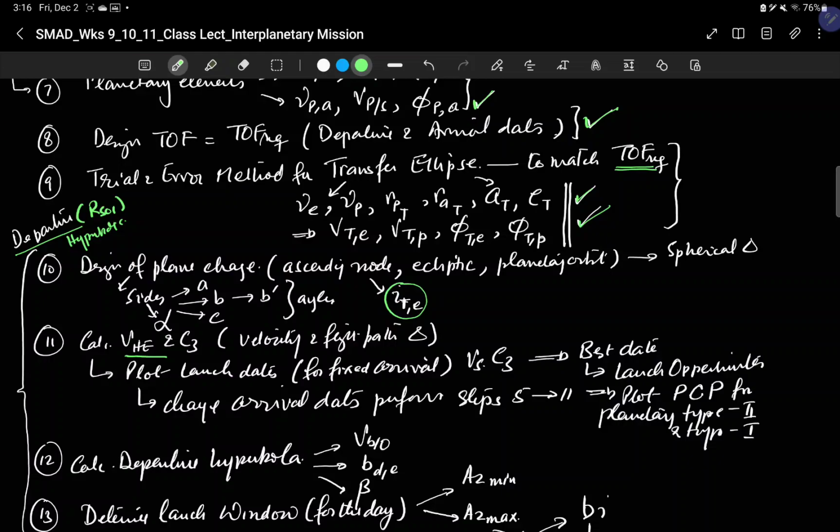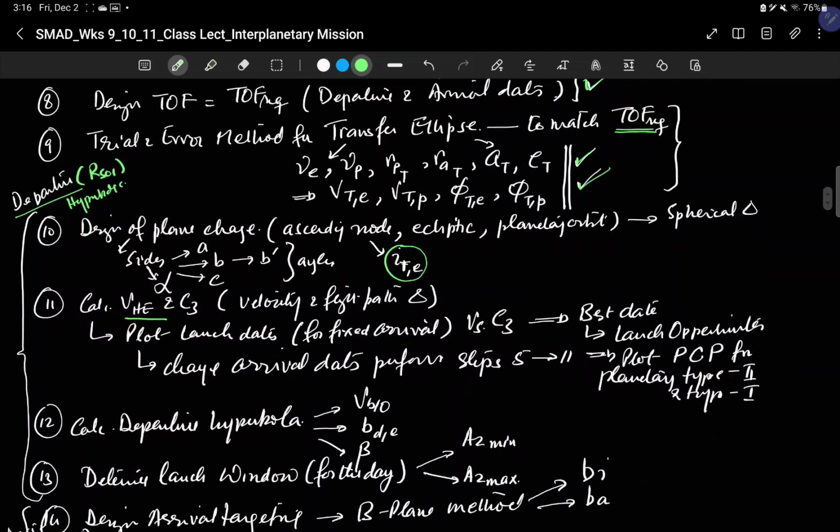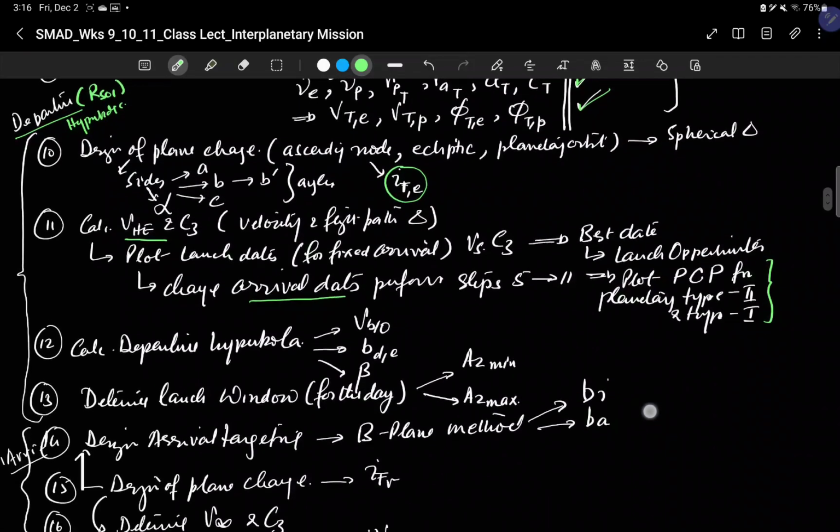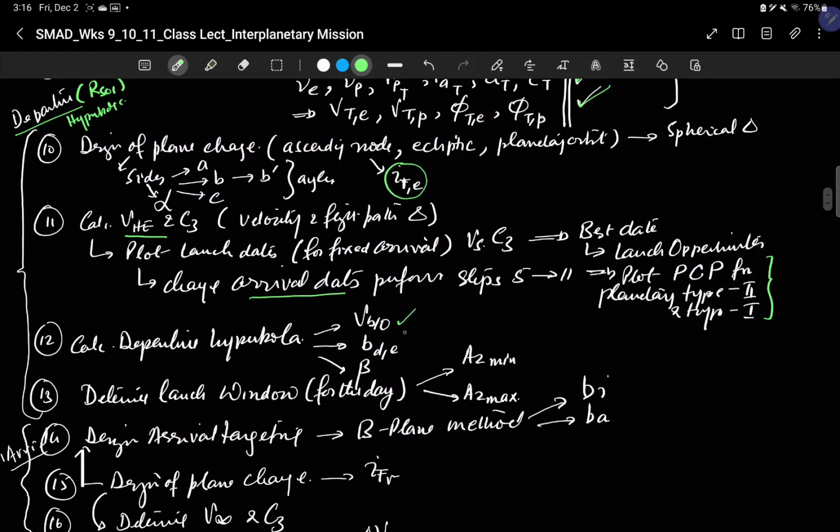Based on this we were able to check for the matching of the arrival dates on the pork-chop plots, and see if the results were matching with the pork-chop plot data for the type 1 or type 2 trajectory, whatever was applicable. We also calculated the burnout velocity.